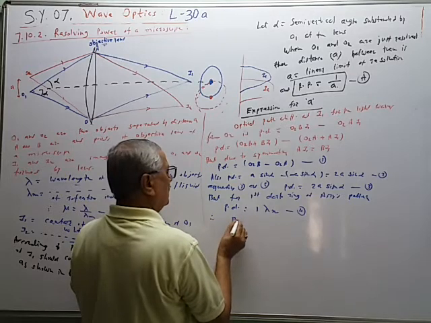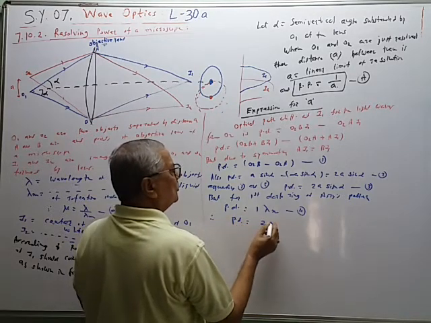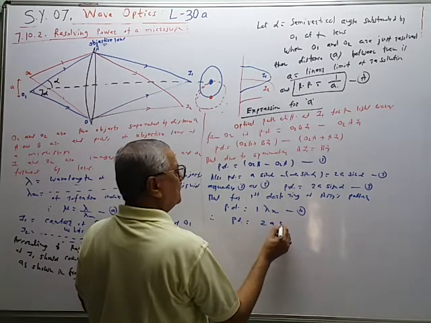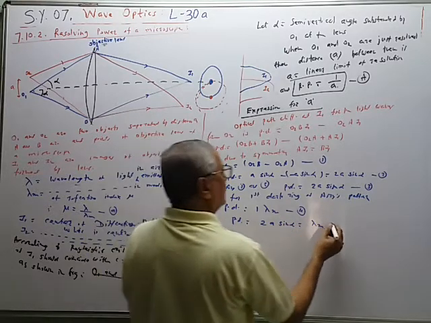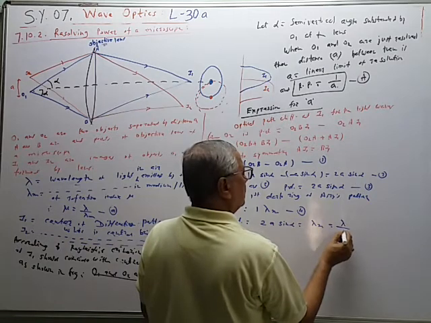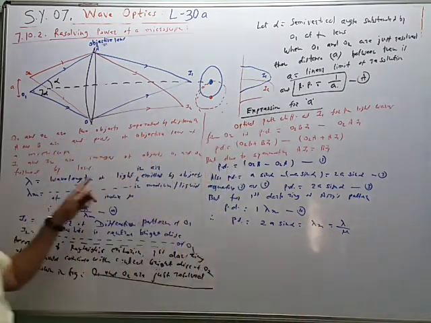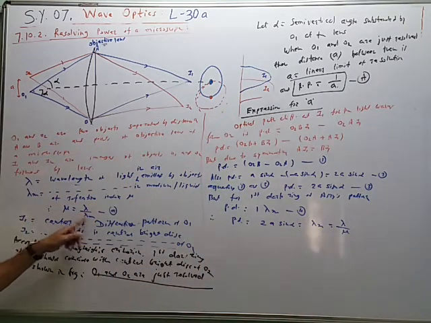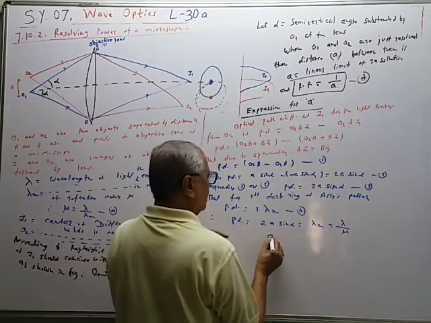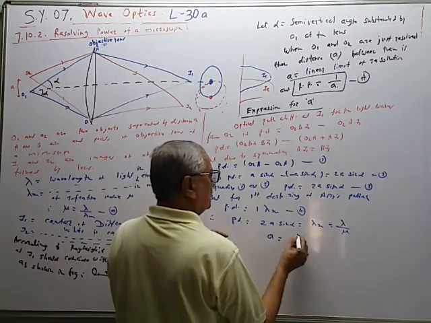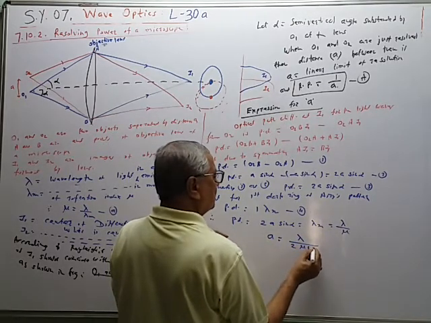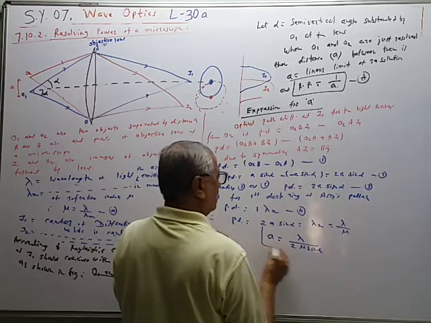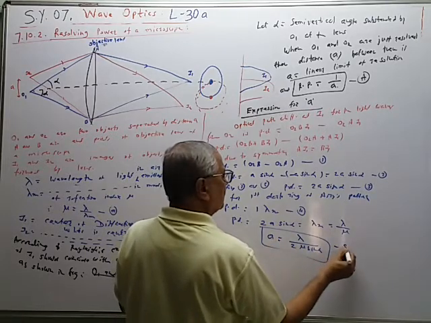Therefore path difference 2 times e sin alpha is equal to lambda m, which is equal to lambda upon mu. We will use this formula, bringing lambda m here and mu here, and therefore e is equal to lambda upon 2 times mu sin alpha. This is equation 5.